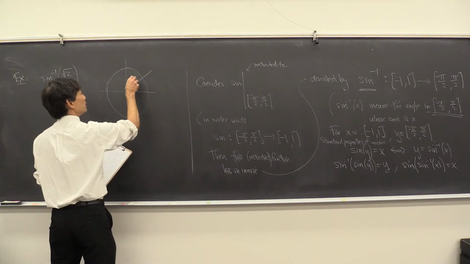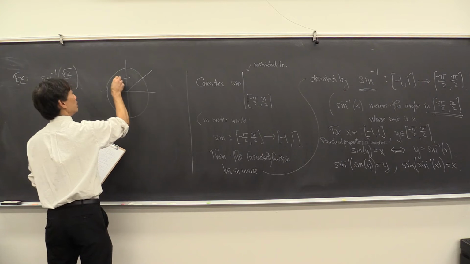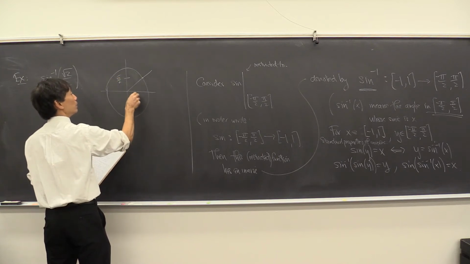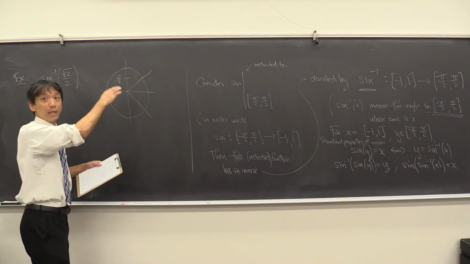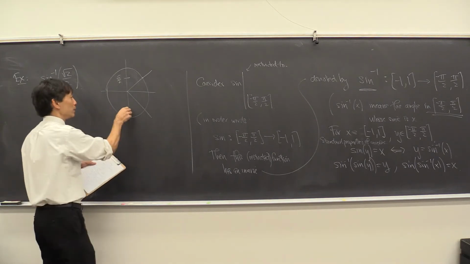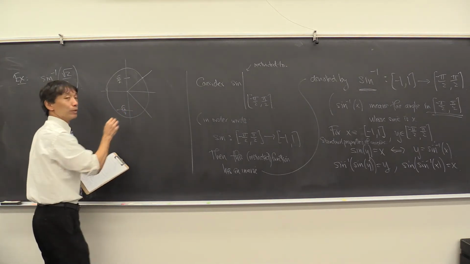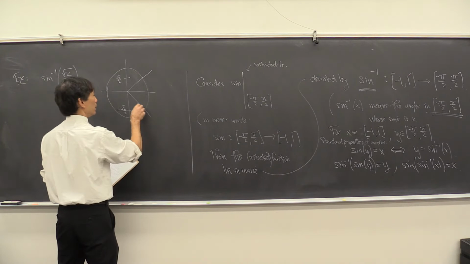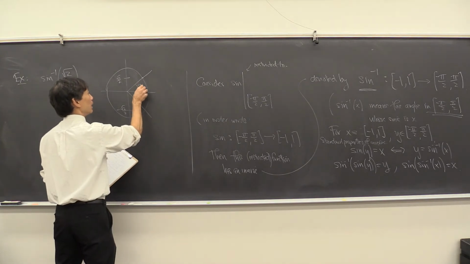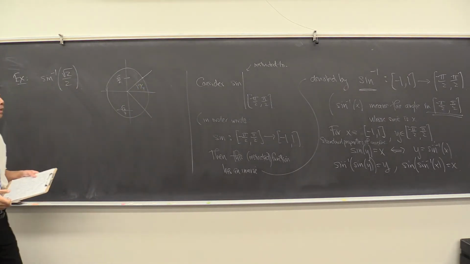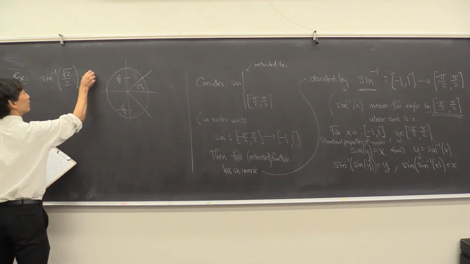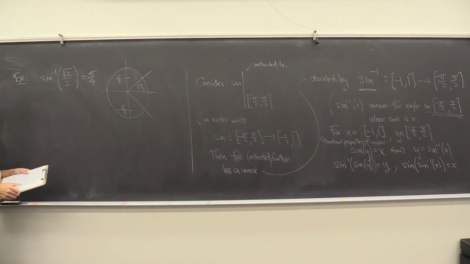Pi over 4, the sine is root 2 over 2, but negative pi over 4, the sine is the y coordinate, so it's actually going to be negative root 2 over 2. So not negative pi over 4, but just pi over 4 will do. Great.